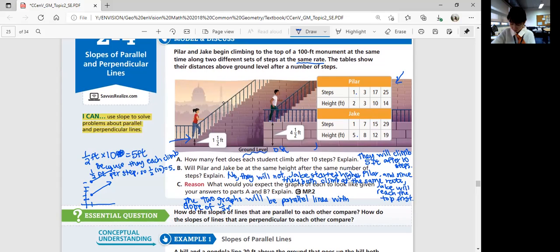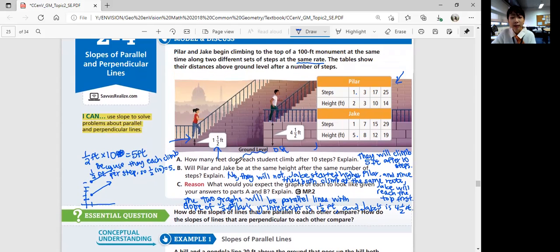Half. Okay. But Pillar's y-intercept is where the step is 0, where they started, right? It's 1.5 feet. And Jake's is 4.5 feet. Okay?